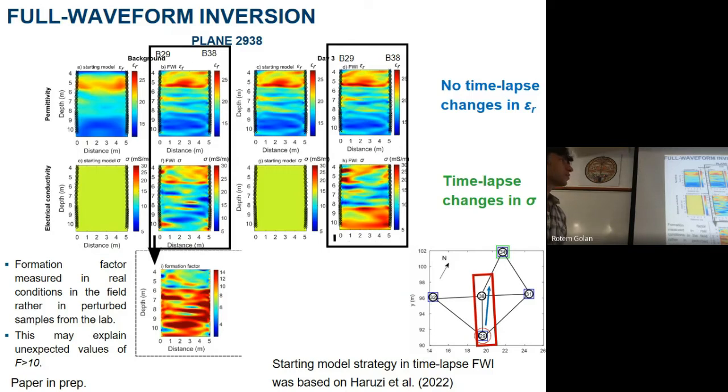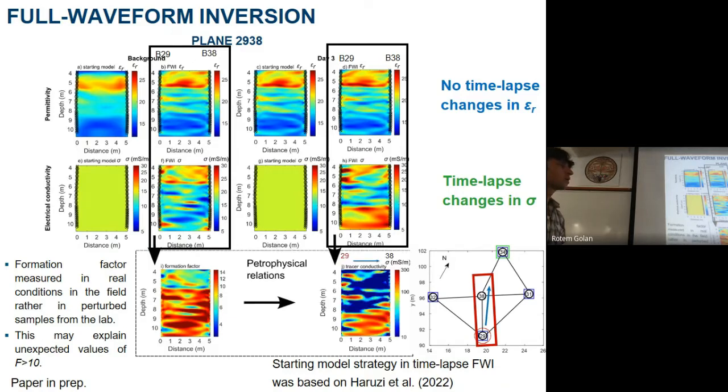Then to calculate the tracer conductivity from the static full waveform inversion electrical conductivity, we calculated the formation factor distribution. And using the formation factor and the time-lapse electrical conductivity, we could derive the tracer conductivity itself. And these images are what we are interested in because that gives us an estimation of the tracer conductivity.